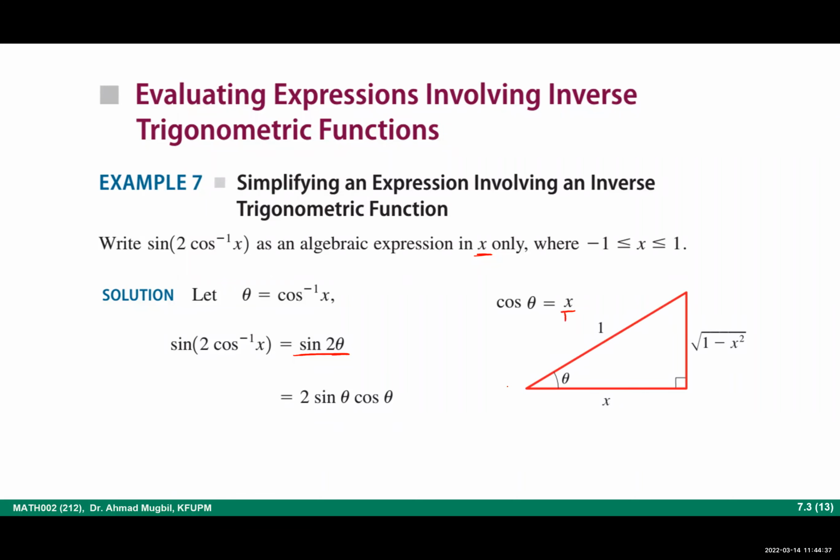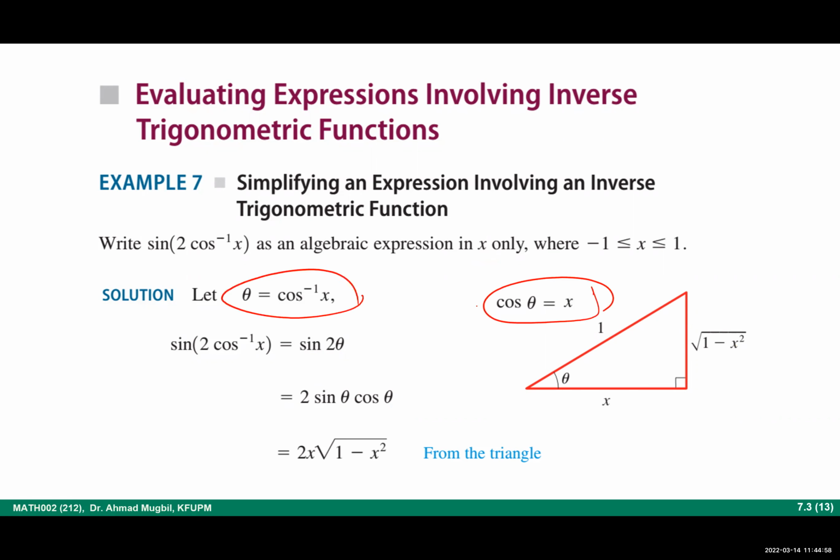So this is x over 1, and you can find the adjacent. Now you have cosine, which is x. This is just x, and this is the opposite over the adjacent. Simplify cosine and cosine inverse. It is equal to x. Cosine theta is x.